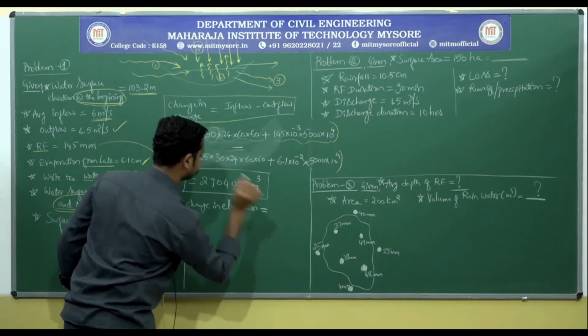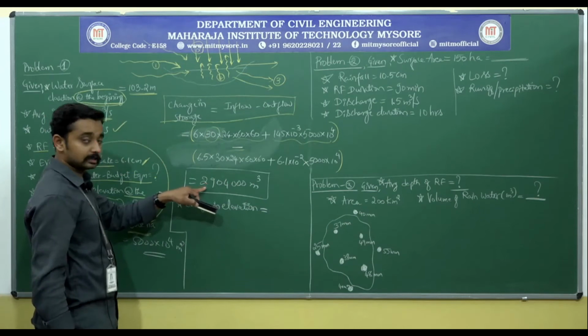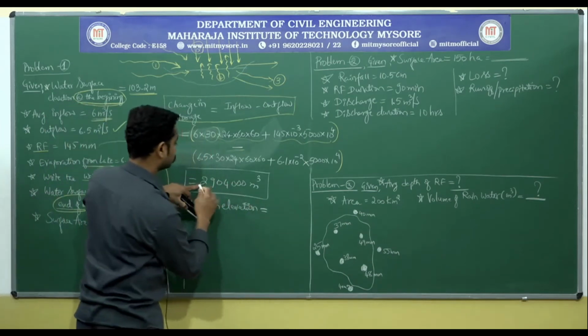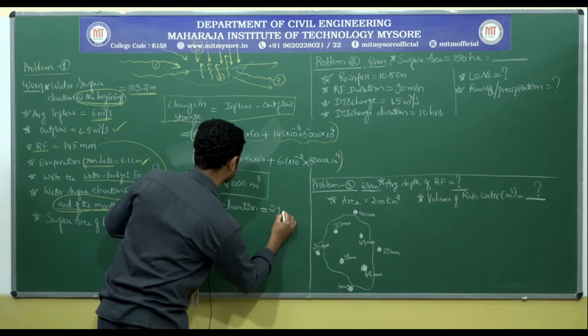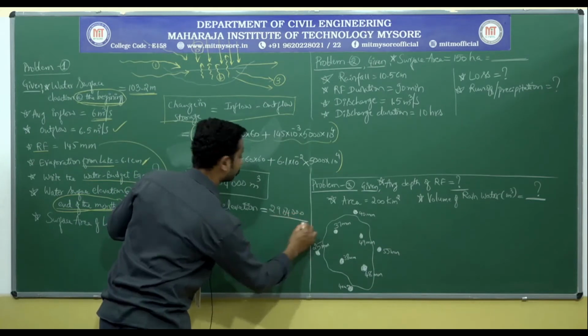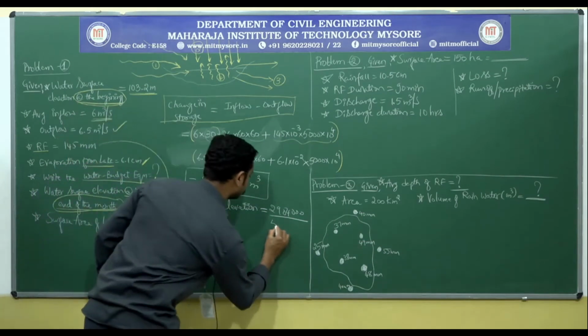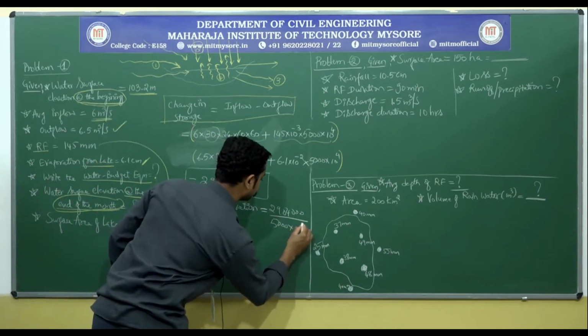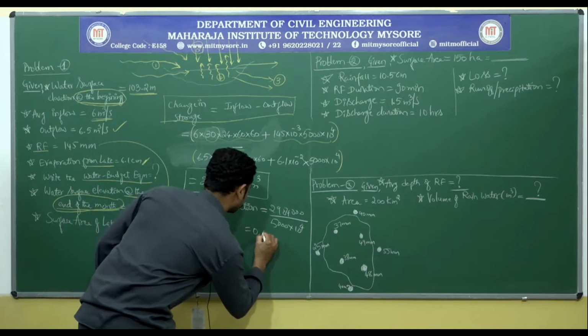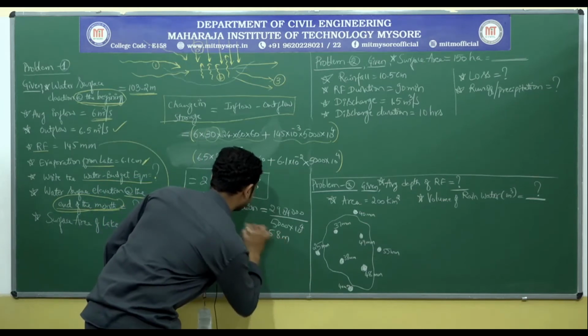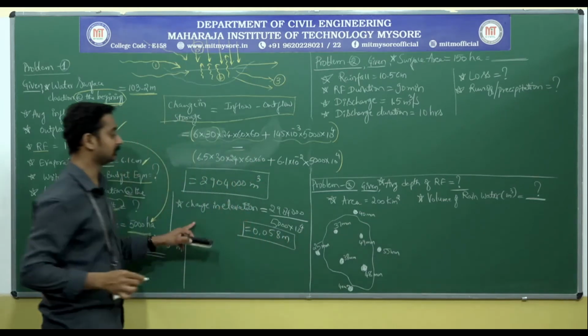Change in elevation is equal to change in storage, that is 2904000 divided by the surface area, 5000 into 10 power 4. That gives 0.058 meters. So this is the change in elevation.